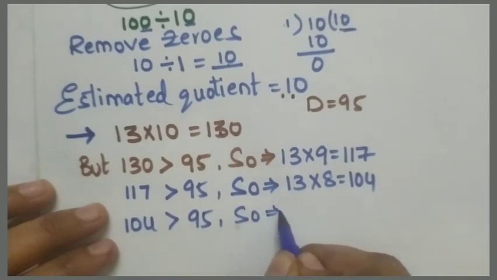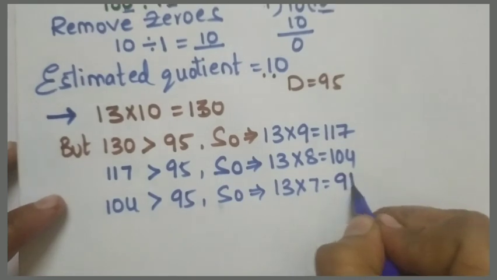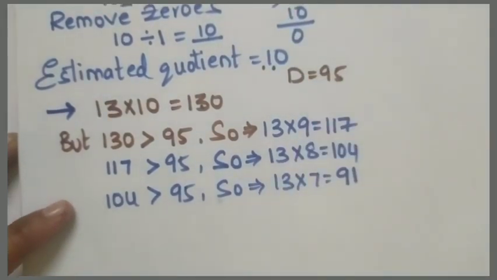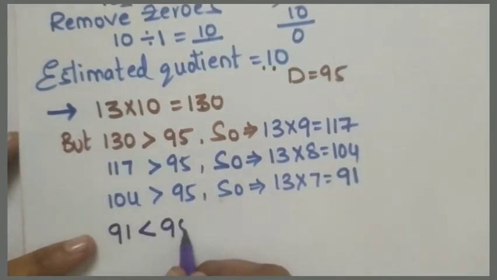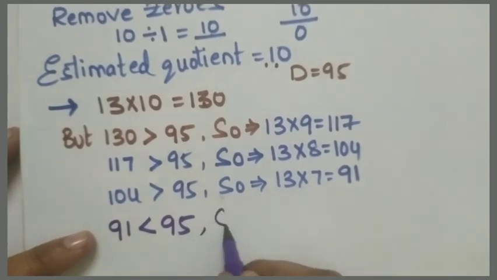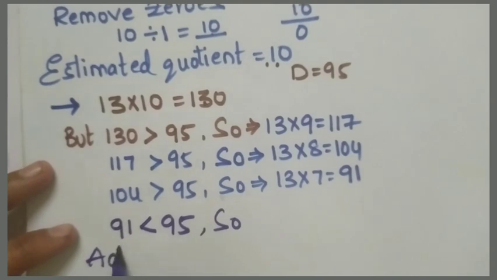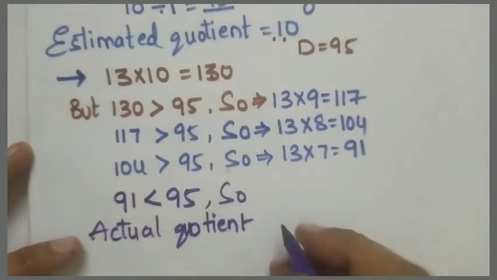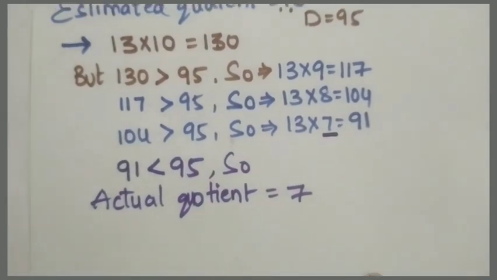So we'll take 13 sevens. 13 sevens are 91. 91 is less than 95. So the actual quotient is 7.